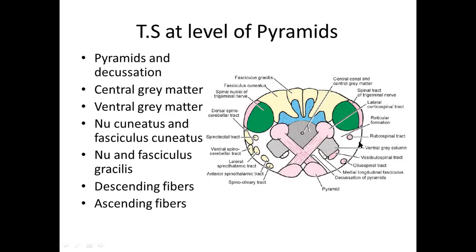The descending will be the extrapyramidal system that constitutes, apart from the corticospinal, rubrospinal and the vestibulospinal fibers, the medial longitudinal fasciculus and the olivospinal fibers. The olivospinal tract arises from the inferior olivary nuclear complex, rubrospinal coming from the red nucleus of the midbrain.